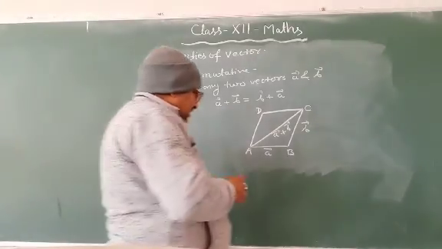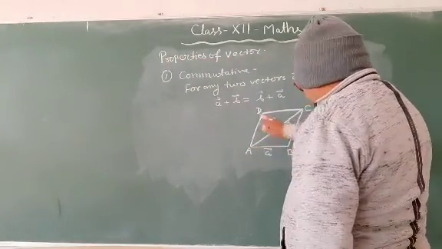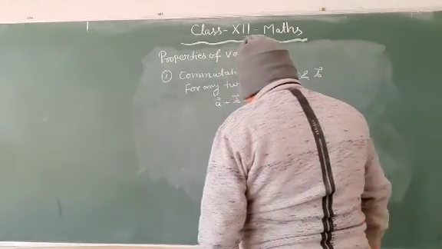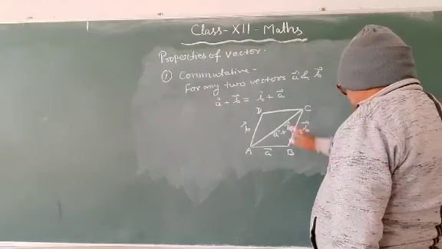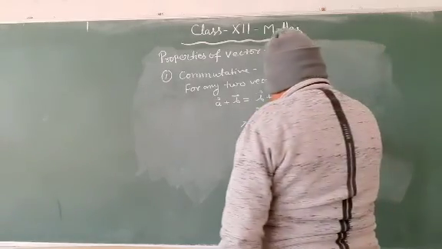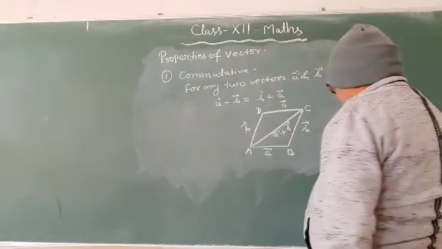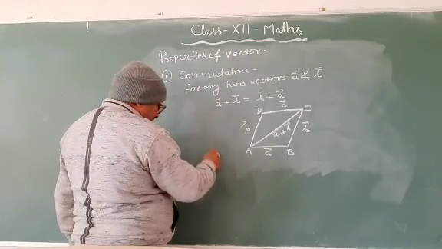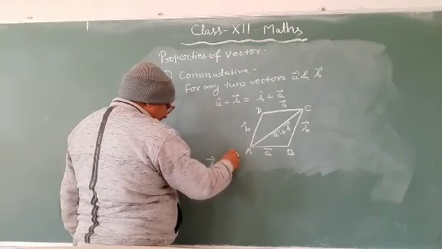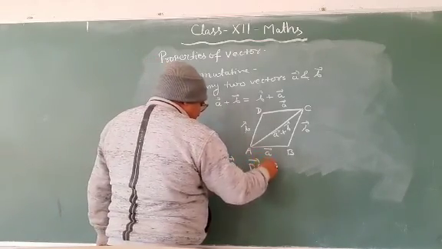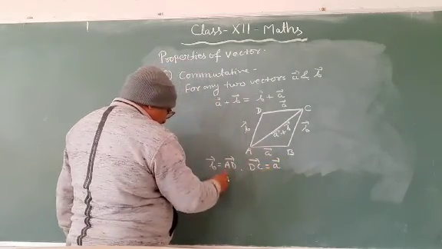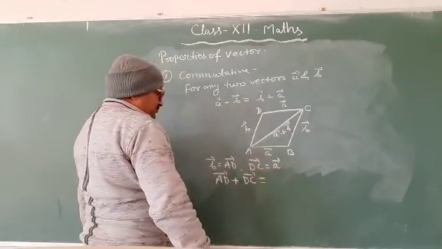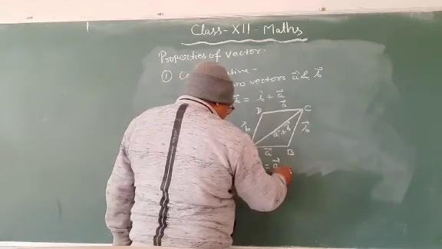The line AD is parallel to BC, so this line segment is represented by the vector B, and DC is parallel to AB, so this is the vector A. So vector AD equals vector B and DC equals vector A. So AD plus DC is equal to AC.